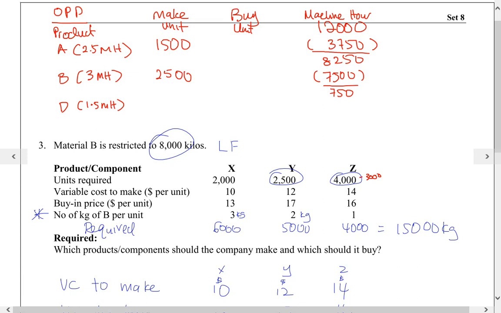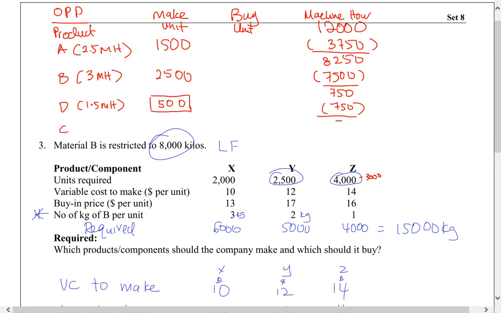But I only have 750 hours. So I won't be able to make all. So we use the backward balancing. 500. I'm only able to make 500 units. No more machine hours, limited.